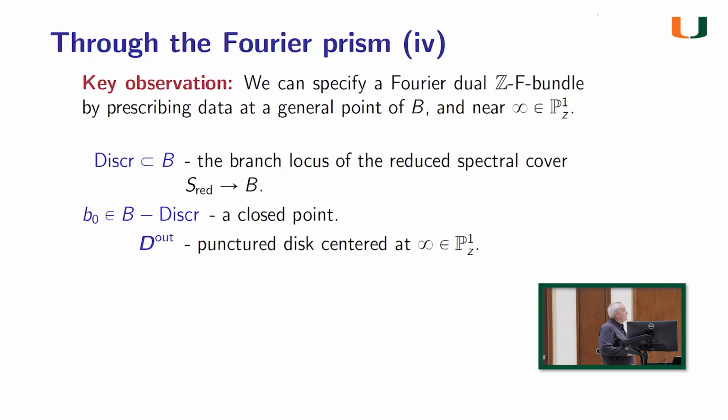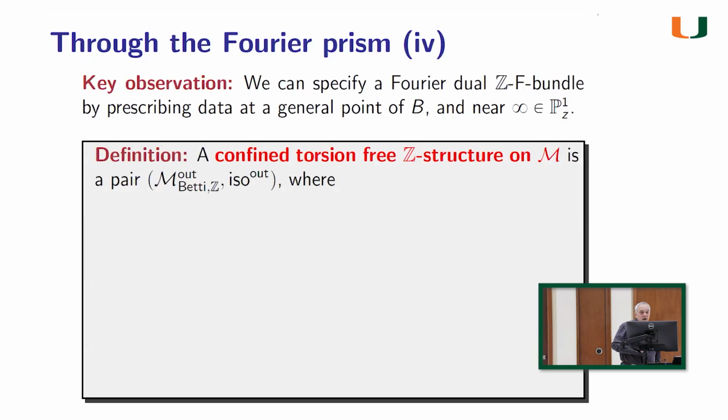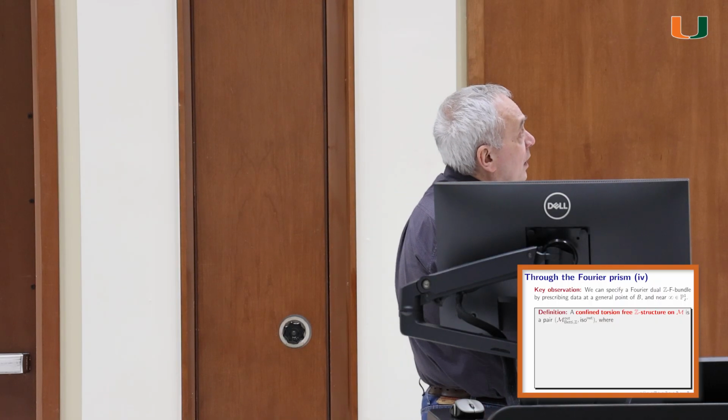So if you take the discriminant divisor for the spectral cover, so it's the branch divisor for the reduced spectral cover, and you take any point in that, and you take a small disk near infinity, then you get a confined version of this structure.